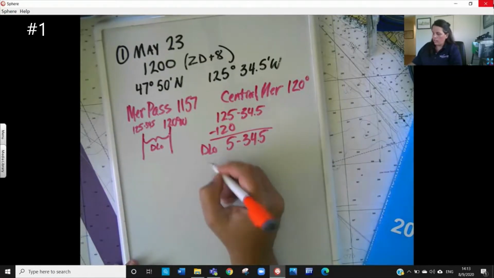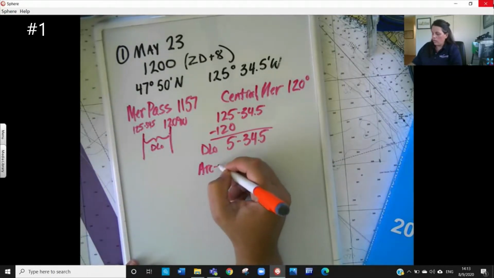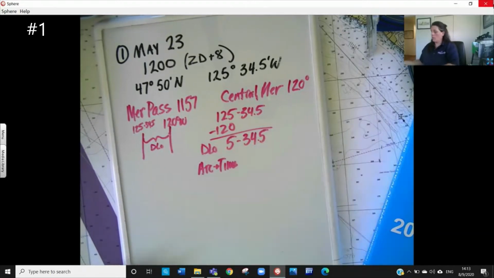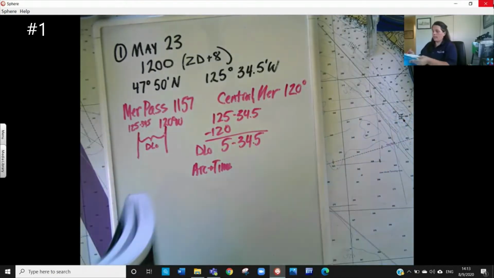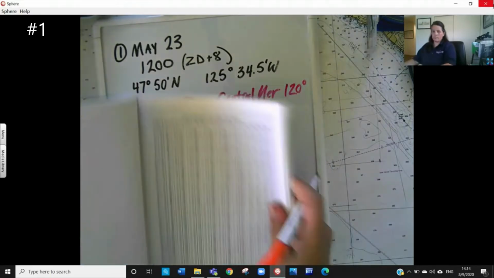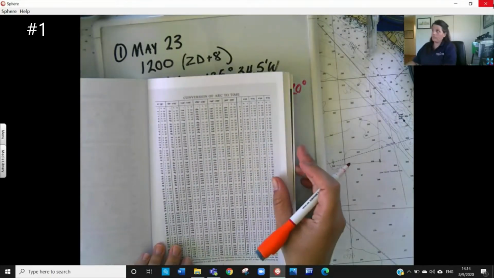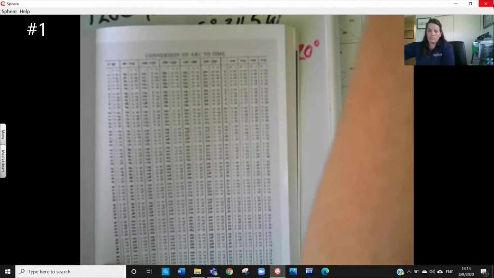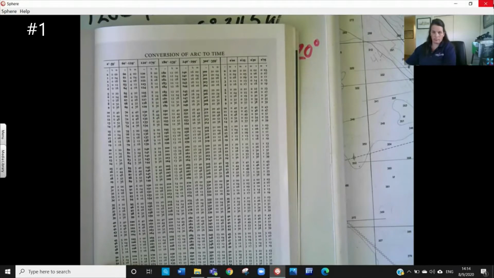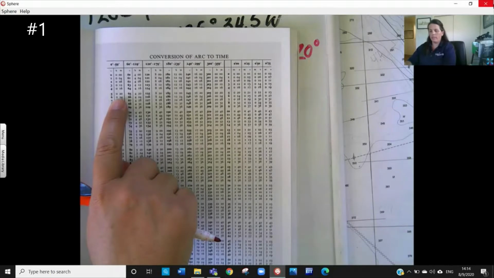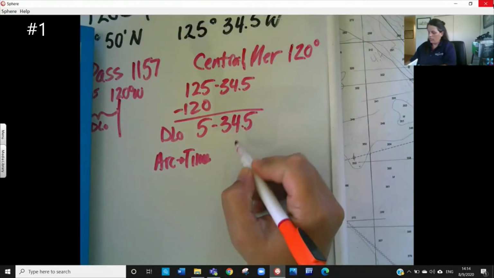And then we are going to convert that 5°34.5' from arc to time. That is in the back of the almanac. For 5 degrees, we have 20 minutes, so I'm going to write in 20.